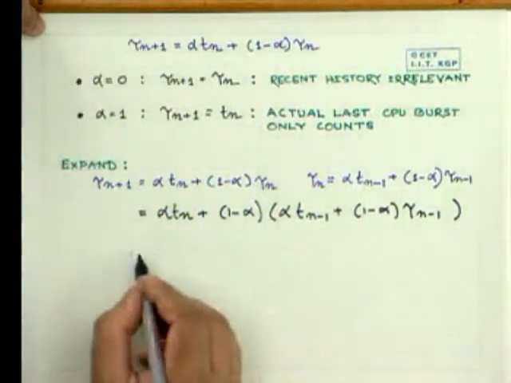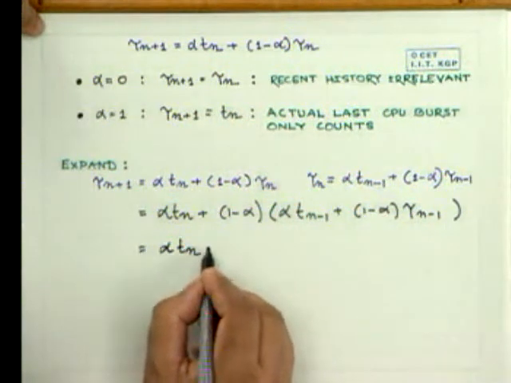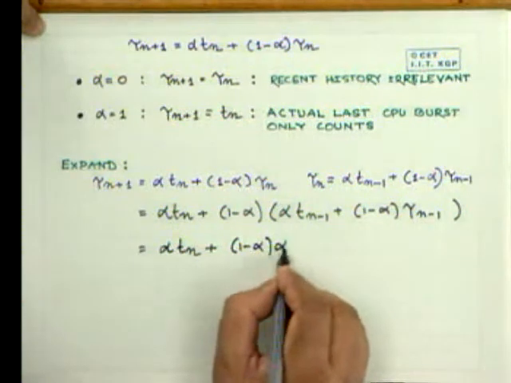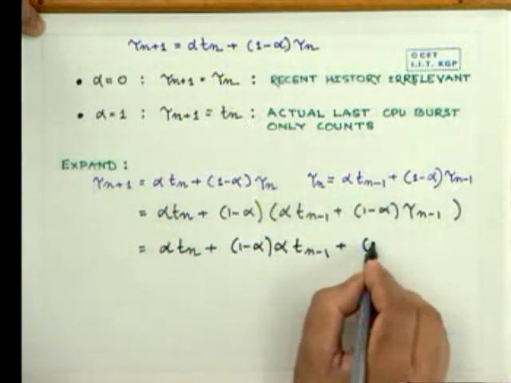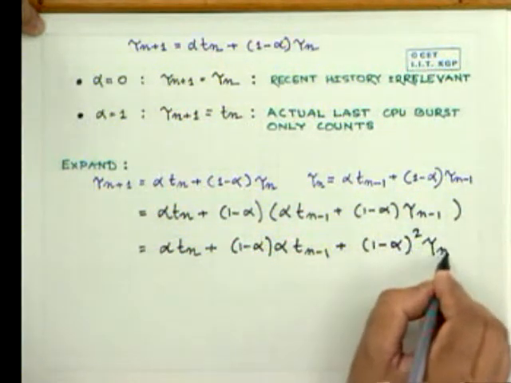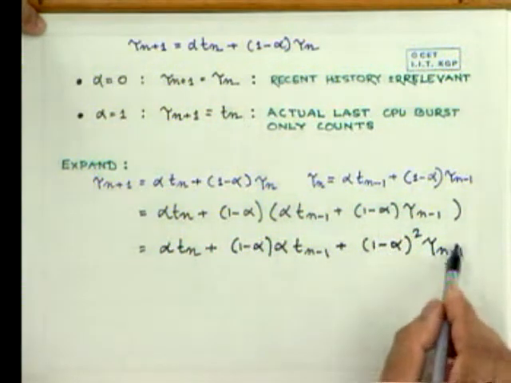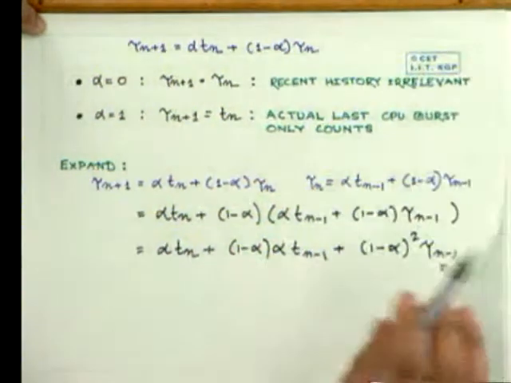This gives us alpha Tn plus 1 minus alpha alpha Tn minus 1 plus 1 minus alpha squared tau n minus 1.